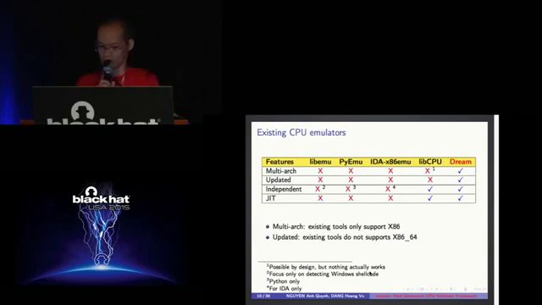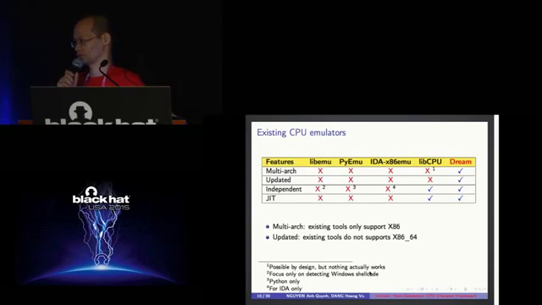Looking at all the existing emulators, you can see that all of them have many problems. We list some very popular ones here: libemu, pyemu, IDA x86emu, and libcpu. You can see that all of them only support x86 and nothing else. One exception is libcpu, which is designed to support all types of architectures, but the project is dead.